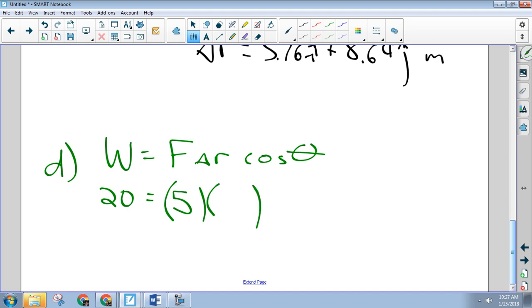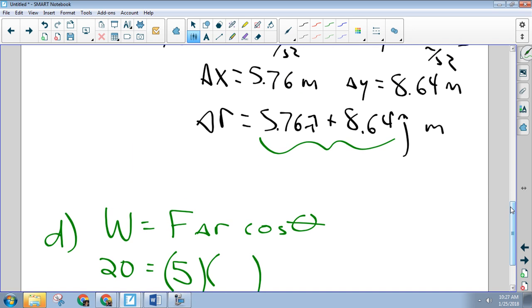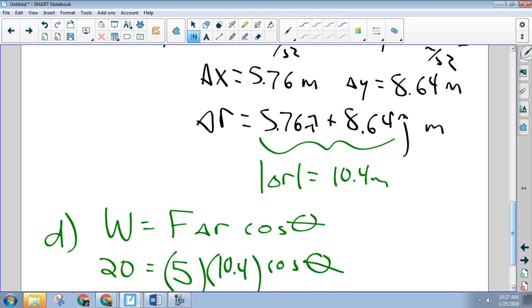We just found our displacement, so you'd have to find the magnitude of that, right? So Pythagorean theorem it. So you get like 10.4 meters times the cosine of the angle.